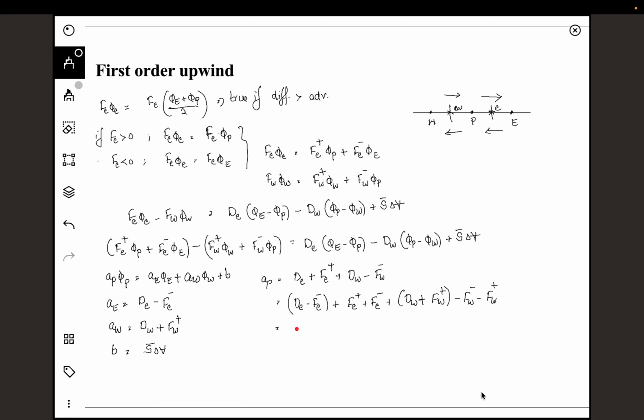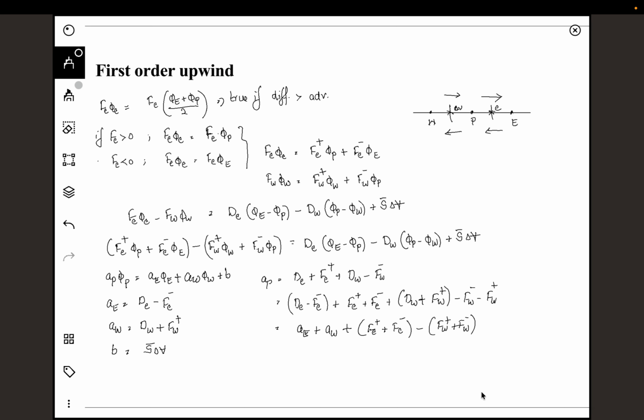So this is basically A east plus A west, and then I have my flux terms: Fe plus, Fe minus, minus Fw plus and Fw minus.